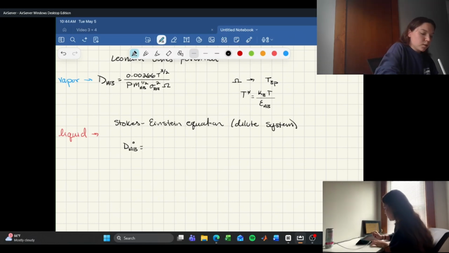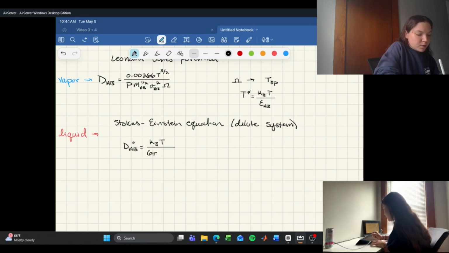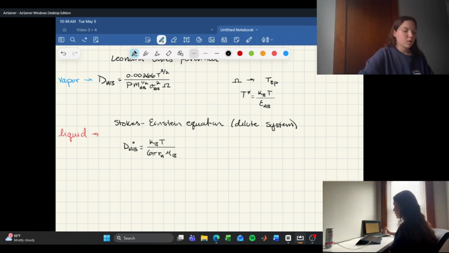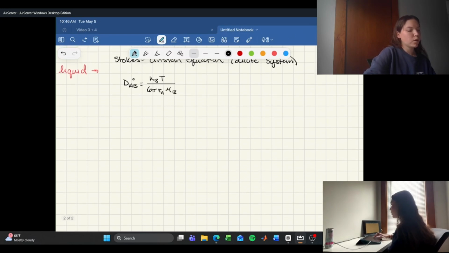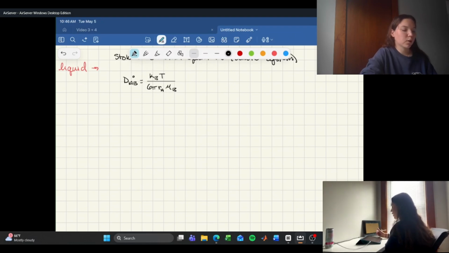So this is going to be the Boltzmann constant times the temperature of the system over 6 pi times the particle radius of the solute, which is going to be A, times the viscosity of the solvent, which is B. Okay, so this equation will give you the diffusion coefficient of a liquid, but sometimes you might not be able to easily calculate all of these variables.